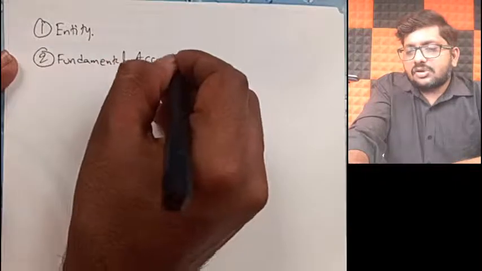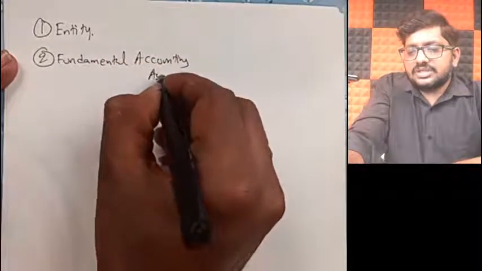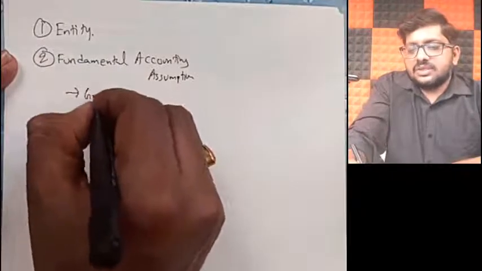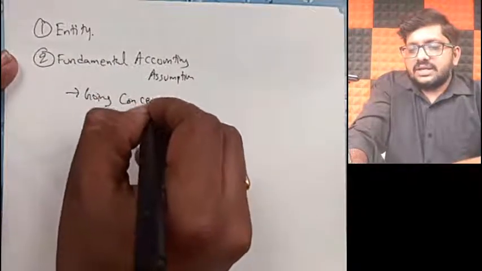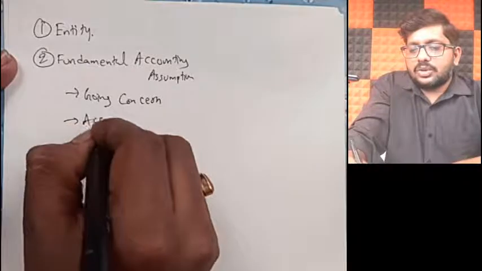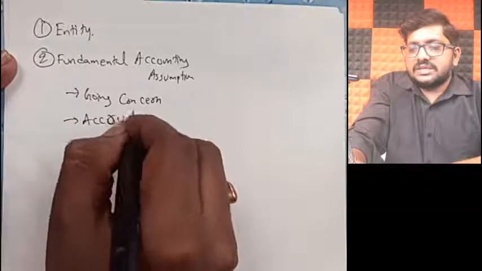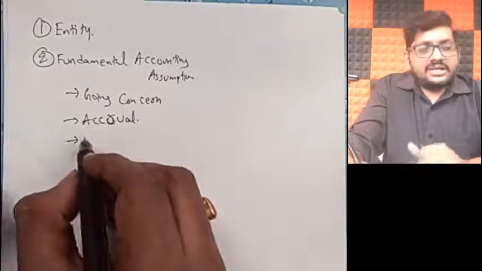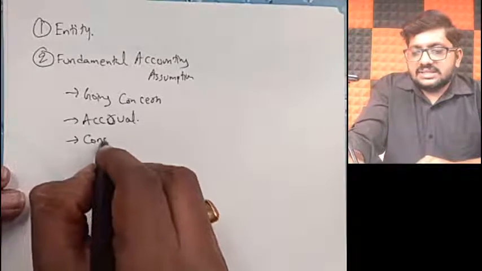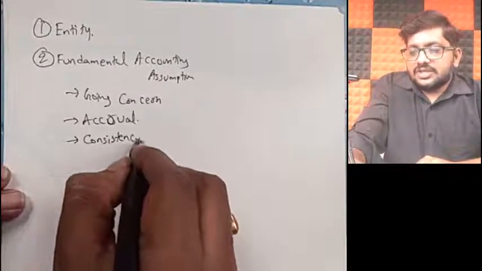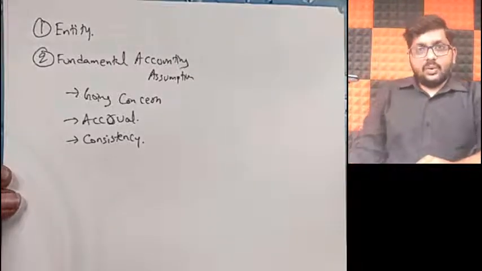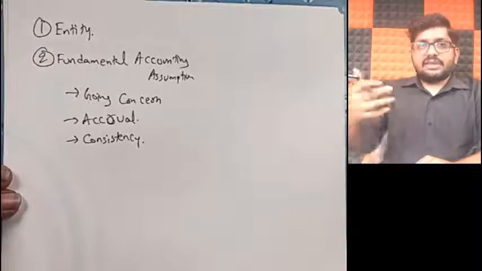As part of these, we have done 3 parts: first going concern, second the accrual concept, the accrual system, which has been discussed in detail in our previous classes, and then consistency. These are the 3 aspects we have already covered, and now let us move on for our further session.